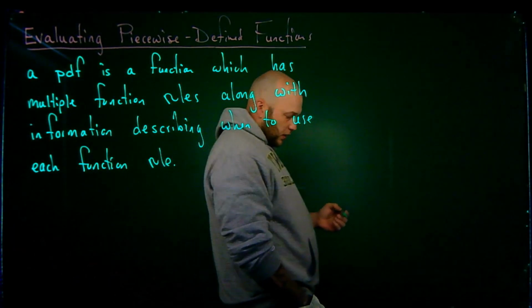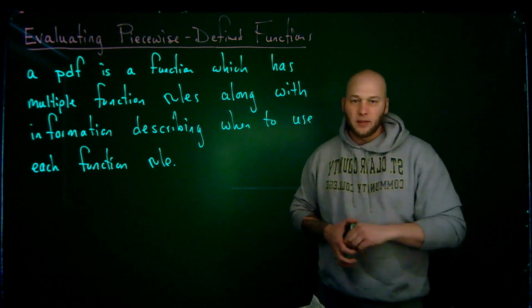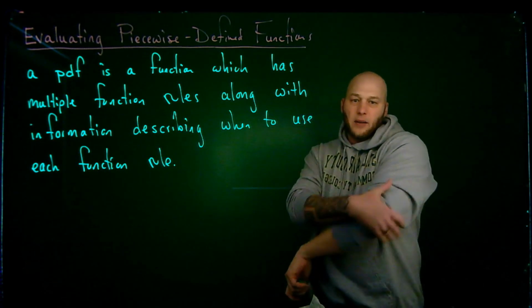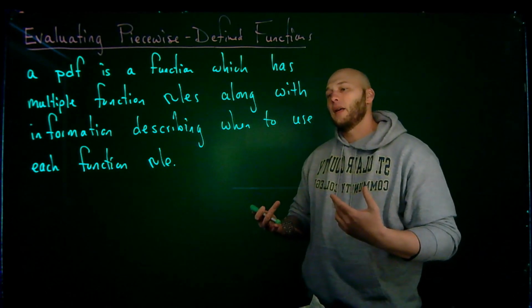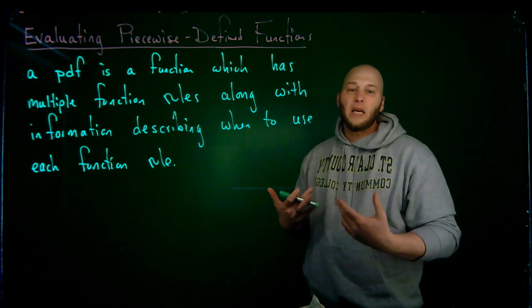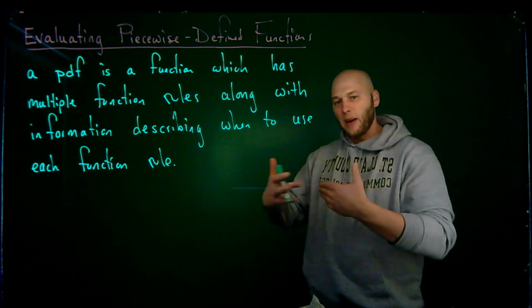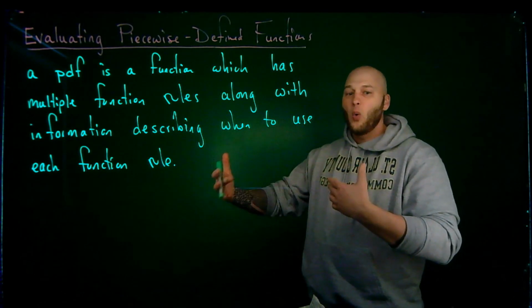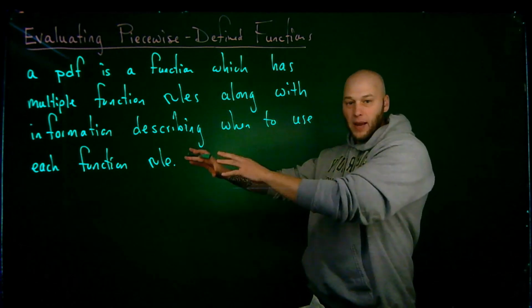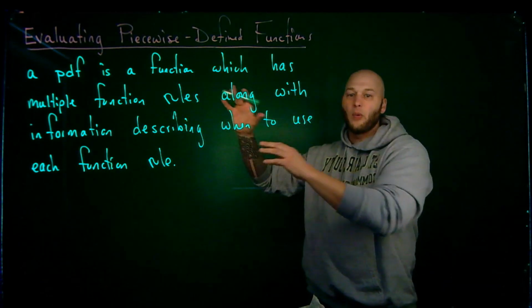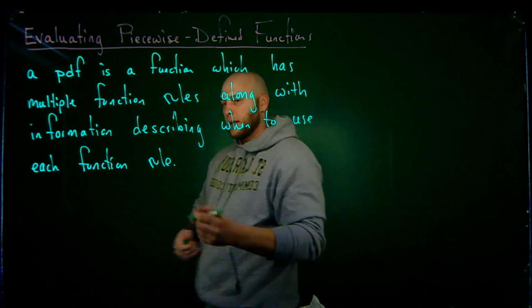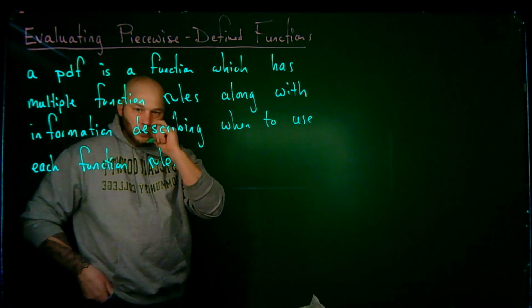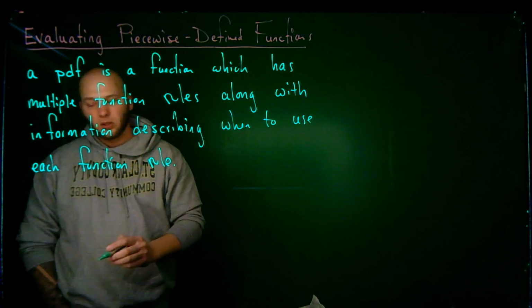Now, when I say when to use it, I mean not, well, on Saturdays you use the first function and then on Tuesdays you use the second one, something stupid like that. What I'm talking about is regarding the inputs, like when I use domain restrictions: when the input is, say, from this batch of numbers, we use this function rule, but when it's from this batch of numbers, we use this function rule, as we will see. So when I say when, I mean corresponding to the domain restriction.